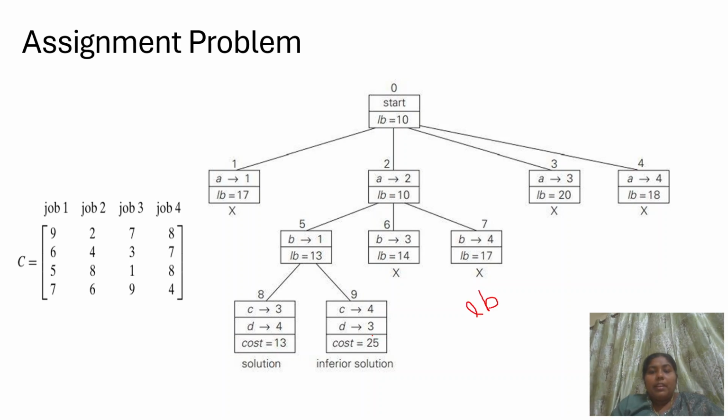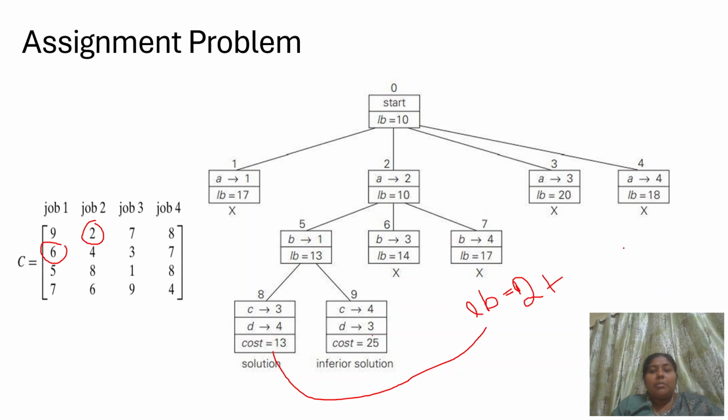So how to calculate the lower bound here? First thing, I am just going to find this one. What is the lower bound for this one? A is assigned to the second job, so the weight here is 2. So I am just giving here 2 plus, what is the next one? B is assigned to the first job. B is assigned to the first job means what is the value here? That is equal to 6.